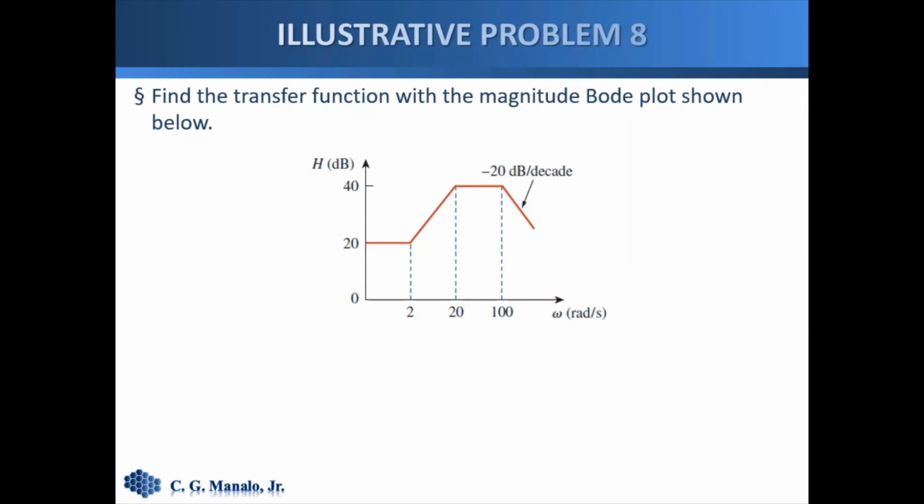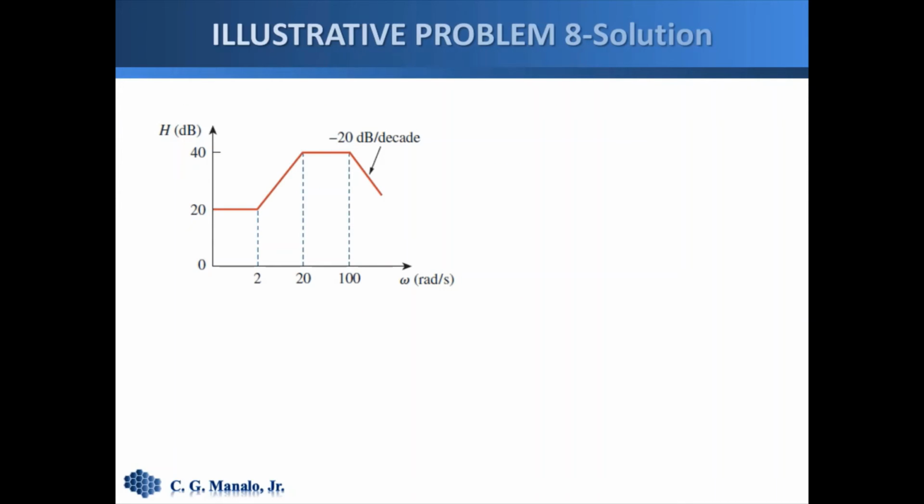Here in this example, we are required to find the transfer function given its Bode plot. Take note that the Bode plot has no sharp changes that would show that there is a quadratic pole or quadratic zero.